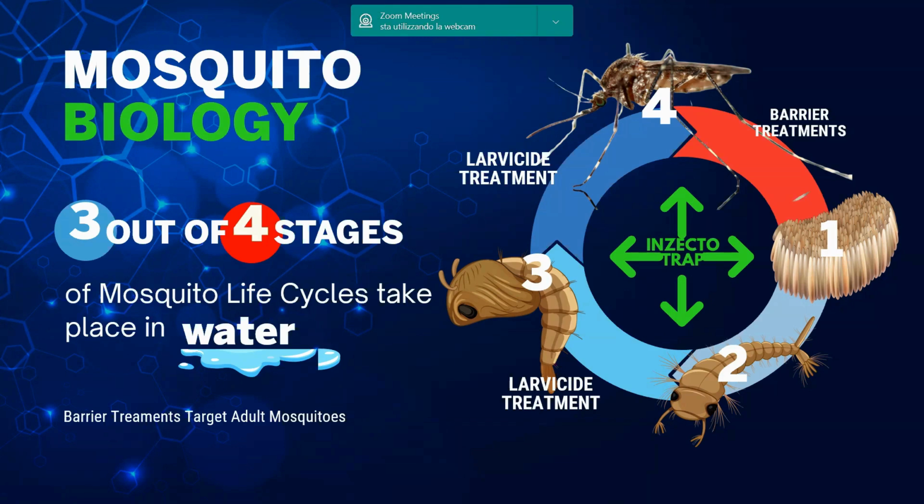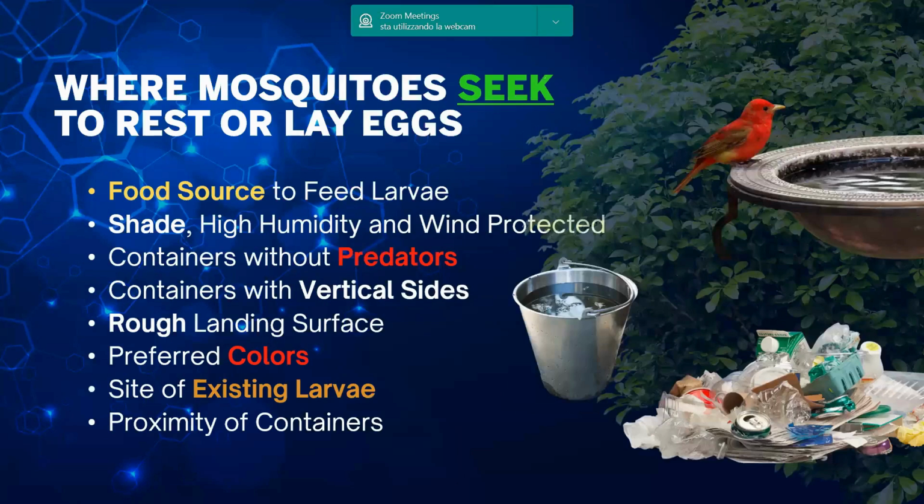It's pretty clear from this picture that if you only treat adults, you're missing part of the picture. You might be winning the war in the short term, but you're losing the war. At the same time, if you only do larvicide treatment, you might still get bit by the adults.